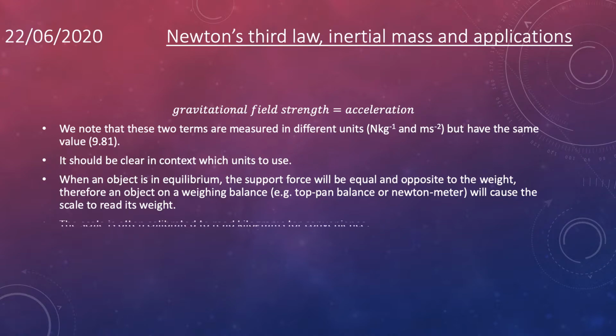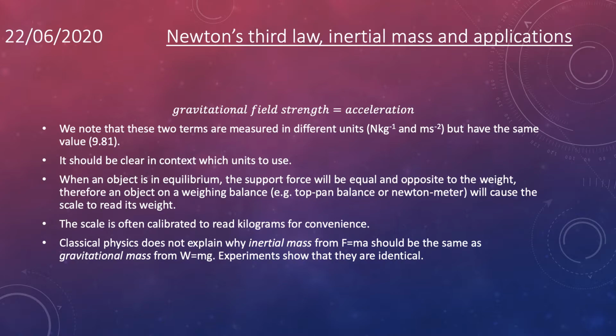We would often configure the scale so it reads kilograms for our convenience, but really it's a measure of the object's weight. So if we took that top pan balance or Newton meter to the moon or Mars or wherever, then it would read a different number because it's reading the weight. We know that weight is different on different planets because gravitational field strength is different. We would need a different bit of apparatus to measure the mass.